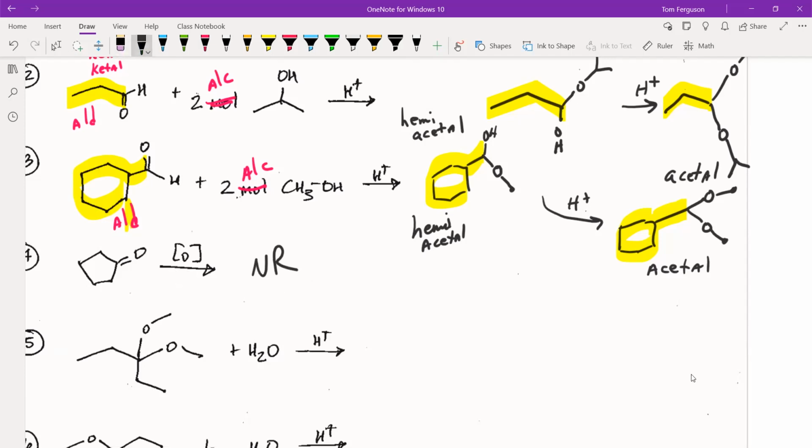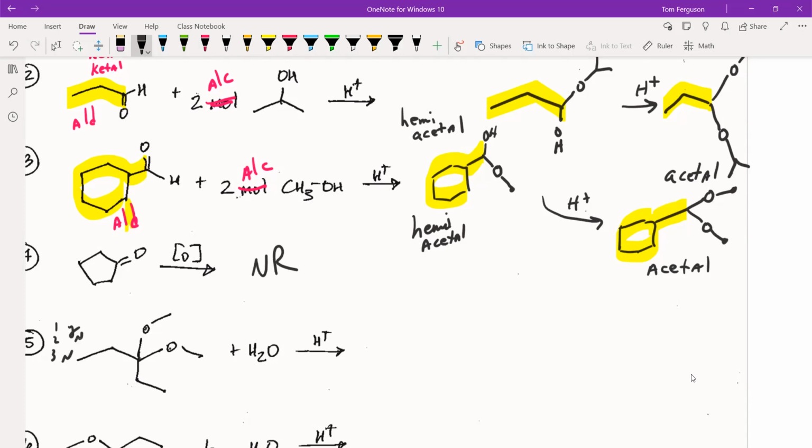Okay, so get some more. All right. Okay, so we have, what is this guy here? Okay, let's do the OCO. We have OCO, and then we have no OH groups, so that means it's not a hemi. And we have no hydrogen there, it's a carbon.